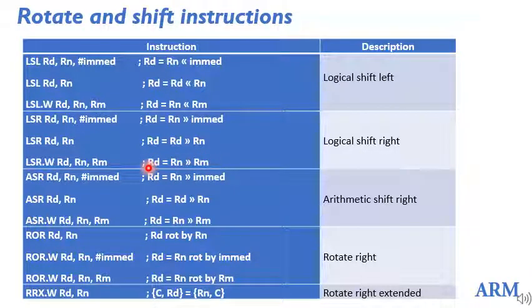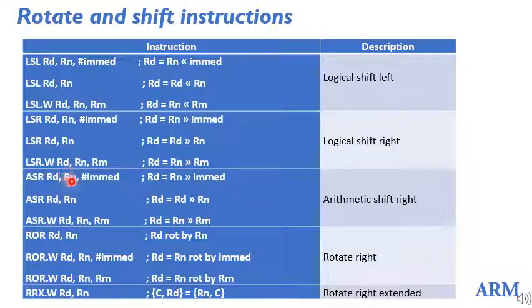and store the shifted value in RD. Next is arithmetic shift right. Now logical shift right is simply going to shift to the right by the specified number of positions. Whereas in arithmetic shift right it is going to retain the sign value. Okay, whatever is there in the most significant bit.